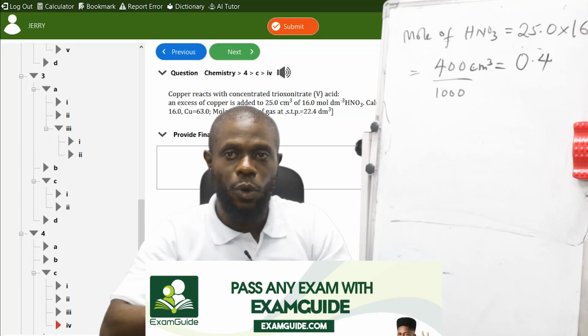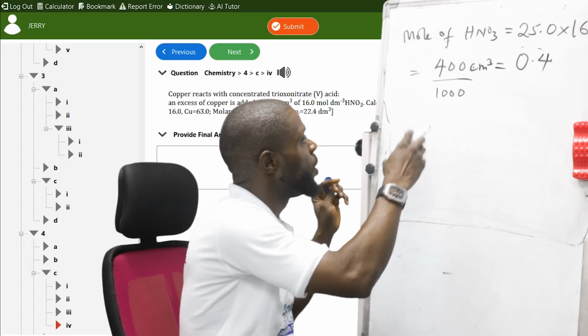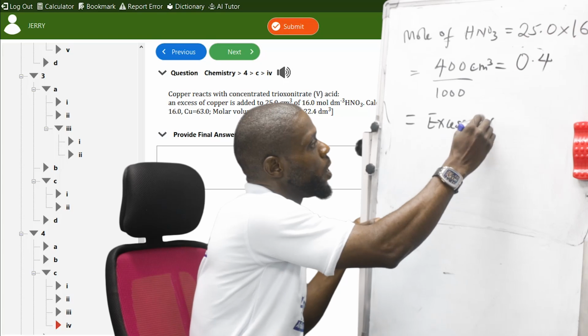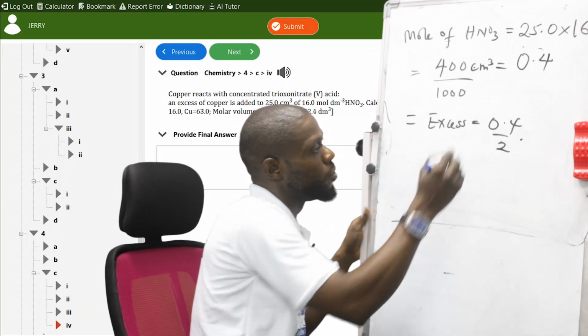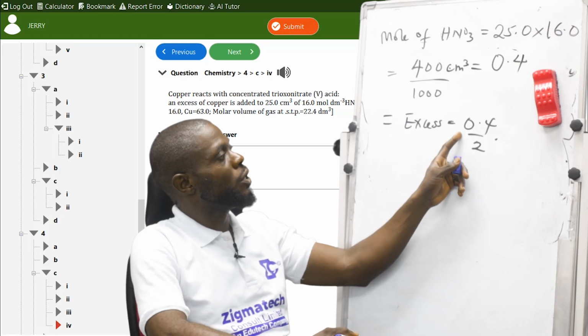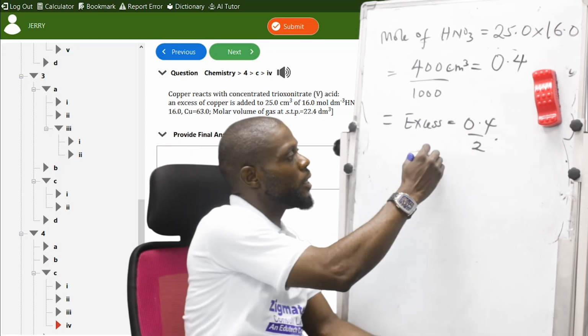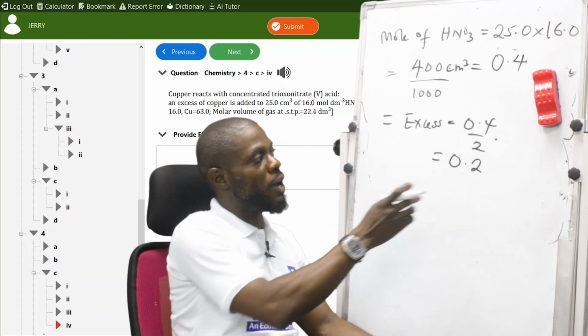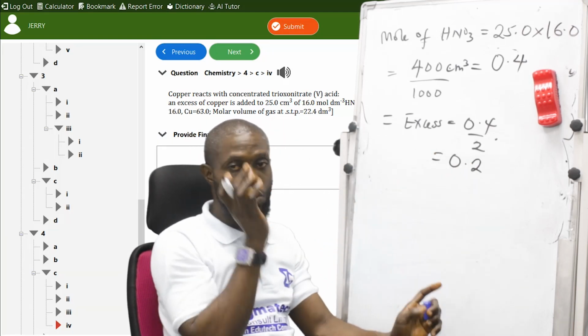The copper is added to it. So the 0.4, therefore excess will be equal to 0.4 divided by 2. So the excess is 0.4 over 2, which is equal to 0.2. Now you've gotten it as 0.2.